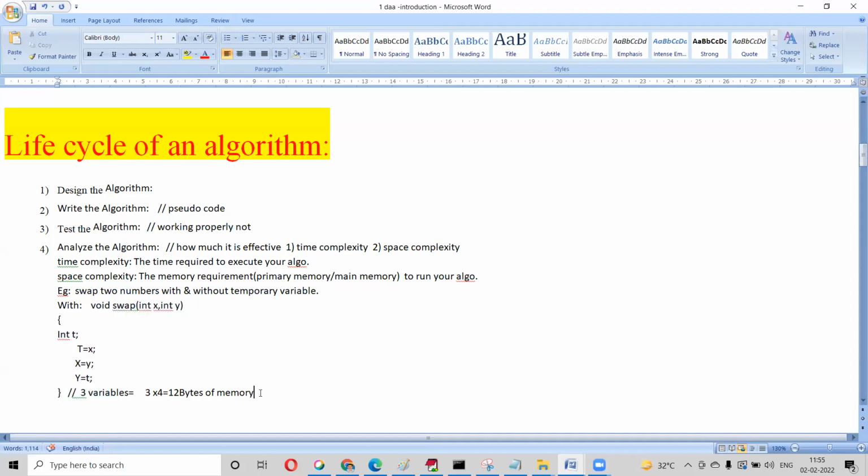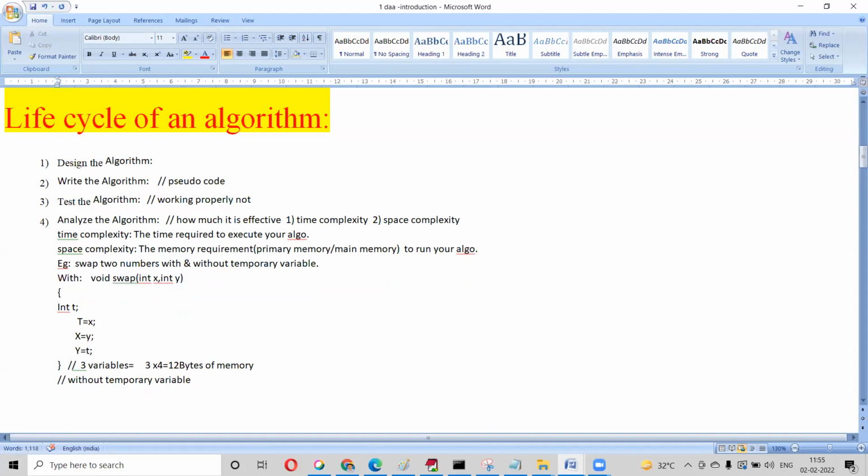Without using a temporary variable, what is the logic?